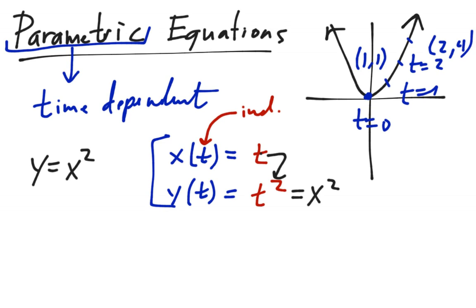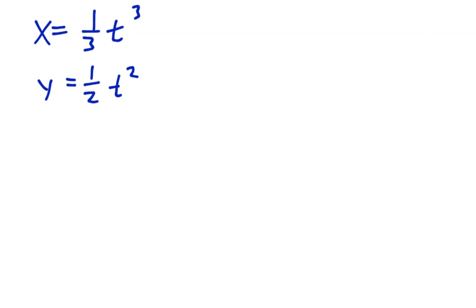And so parametric equations are useful because we can use them to describe motion, and then therefore we can use calculus to further describe that motion. Let's say that we have this parametric equation, and of course this is calculus, so we want to find dy dx.